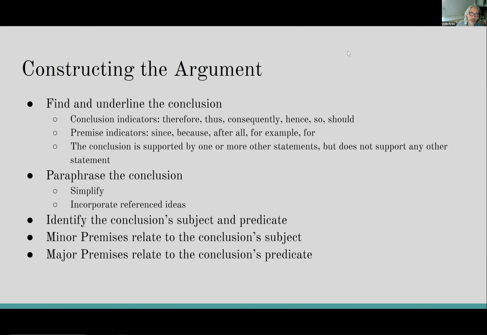Once I've found and underlined the conclusion, I paraphrase it. What I mean by that is I simplify it if it was overly technical or complex. But also, one of the reasons why I find paraphrasing to be crucial is that I incorporate referenced ideas. For example, "this argument is wrong" is a meaningless paraphrase of the conclusion unless you mentally incorporate whatever "this" stands for, whatever position is wrong.